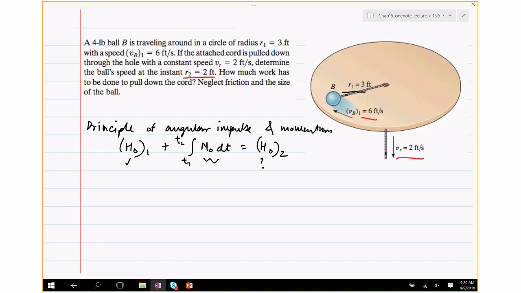Now, what are the external forces on the particle? If you draw an FBD, you can figure out the external forces. There's going to be a force which is pulling the particle inwards. There's going to be gravity which is going to act downwards.